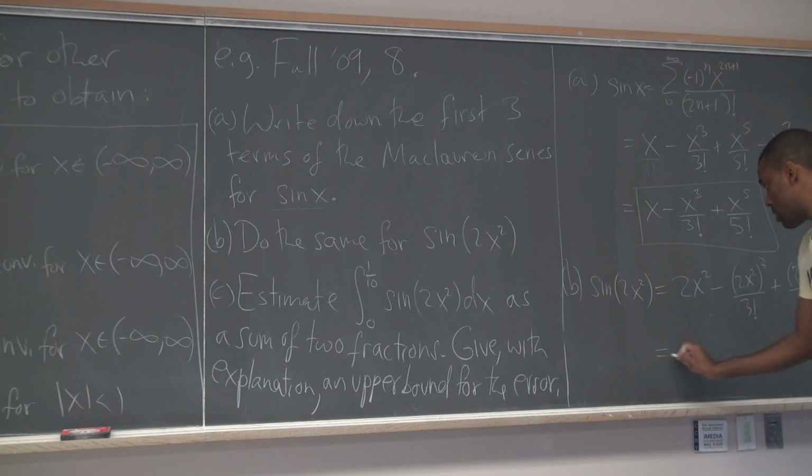Or I can write it down, simplify a little bit. This is 2x squared minus 8x to the 6 over 3 factorial plus 2 to the 5th, 32 x to the 10 over 5 factorial. That is the answer to part B.